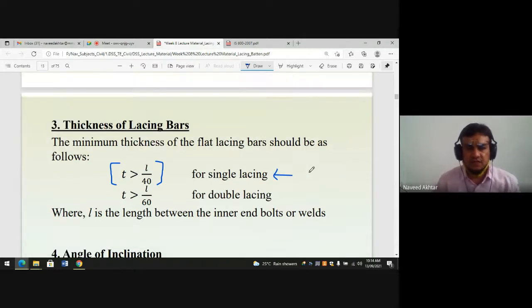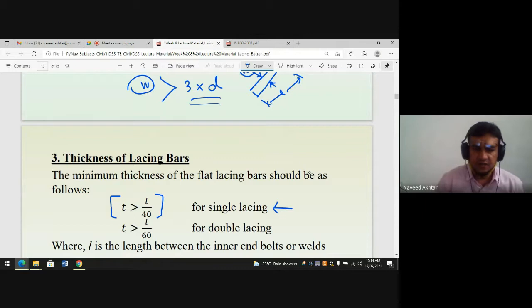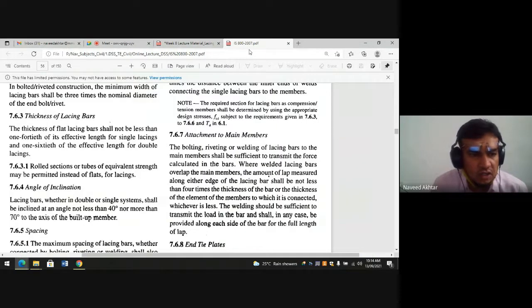If a flat bar is provided as a lacing system, this is the thickness t, and this t value should be greater than L by 40, where L is the length of lacing bar, for single lacing system. Similarly, t should be greater than L by 60 for double lacing system. This is clause 7.6.3 for the thickness of lacing bar.